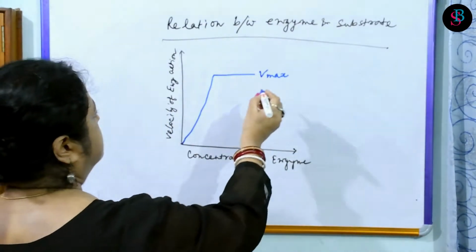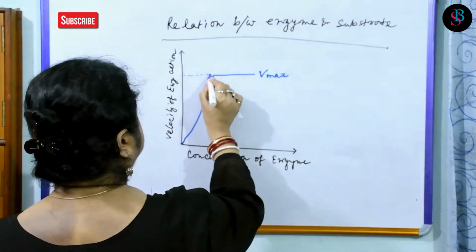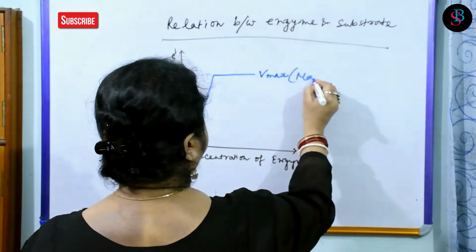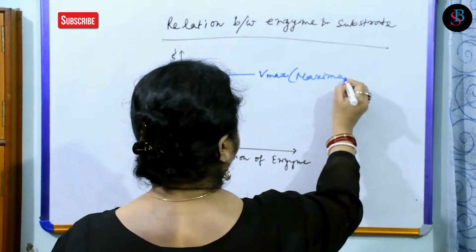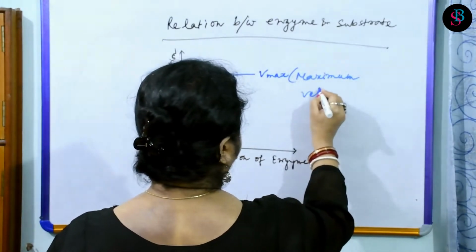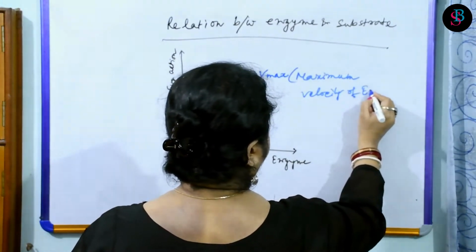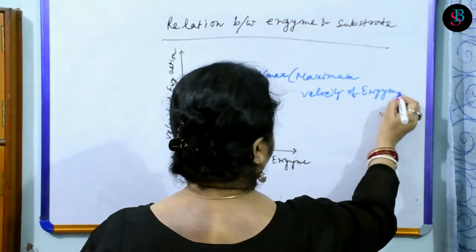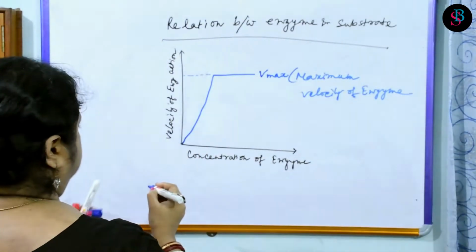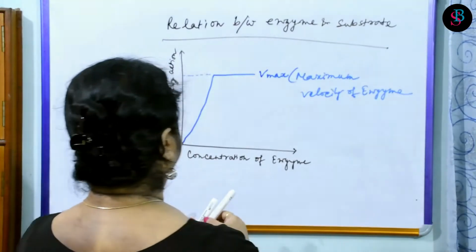So this is the maximum velocity of the enzyme, and this is the concentration.